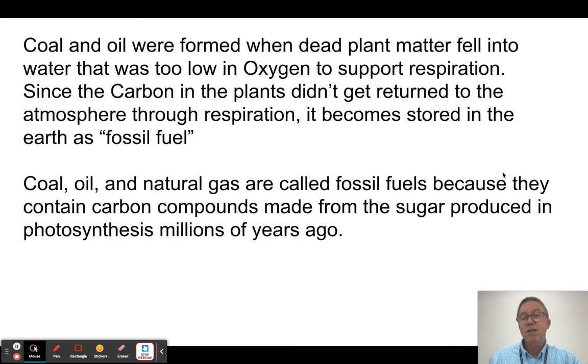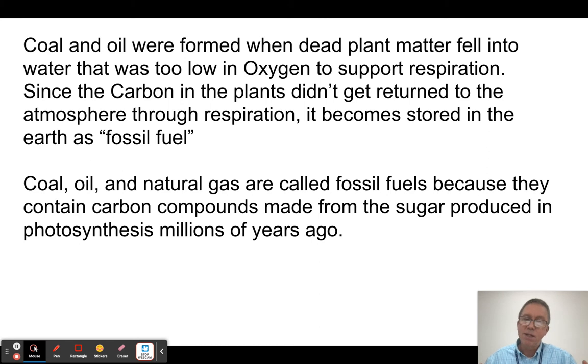Now it's interesting to note that coal, oil, and natural gas are essentially carbon traps of their own, because they're basically plants that didn't rot. Coal and oil are formed when photosynthetic plants, or any kind of organisms, die and end up in a low oxygen environment where aerobic respiration is not possible.